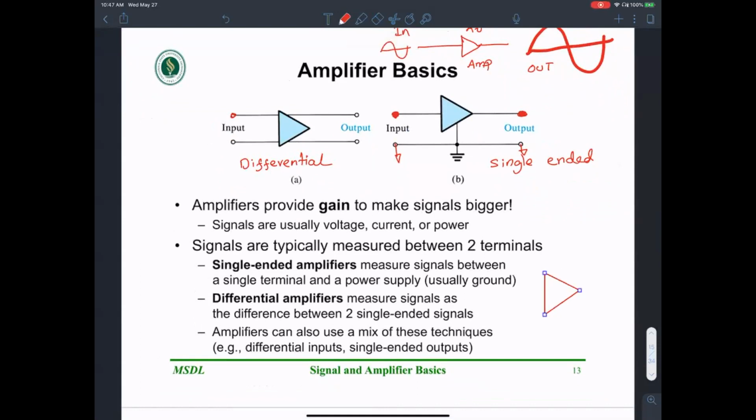I can have an amplifier that looks something like this, with a differential input and a single-ended output, because the other terminal on the output is ground. There is V1 over here and V2 over here. The input is differential, the output is single-ended. Differential amplifiers measure signals as the difference between two different terminals. When one of the terminals is ground, it's called a single-ended amplifier.